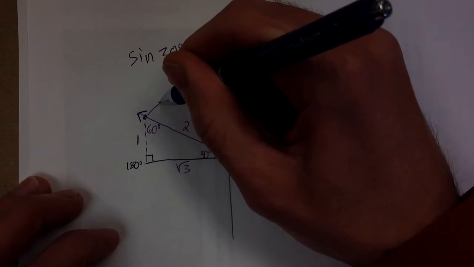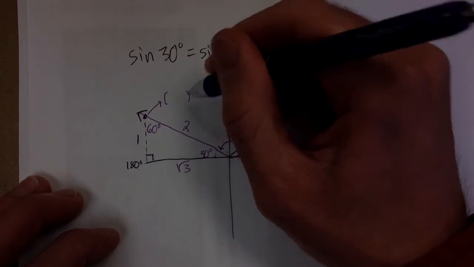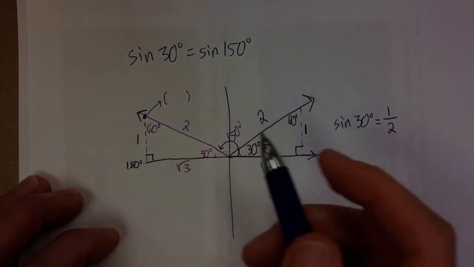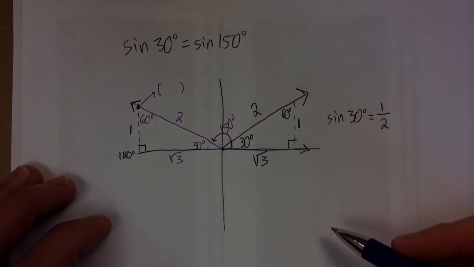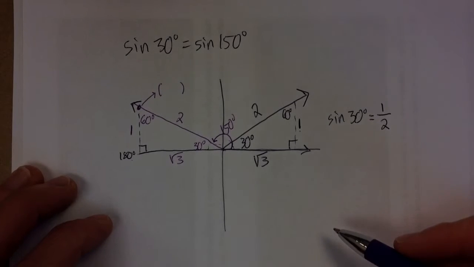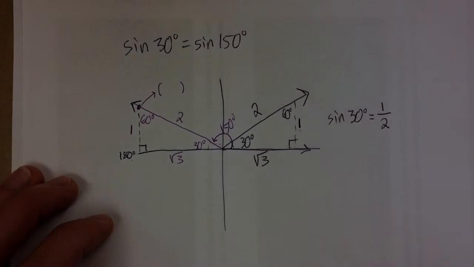So I want somebody to tell me what are the coordinates of this point here. I'll give you a hint. Try one more time, Brooke. Negative root 3, 1. Nice.